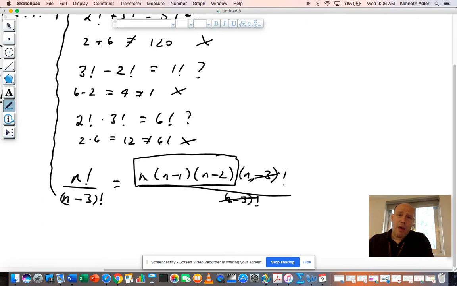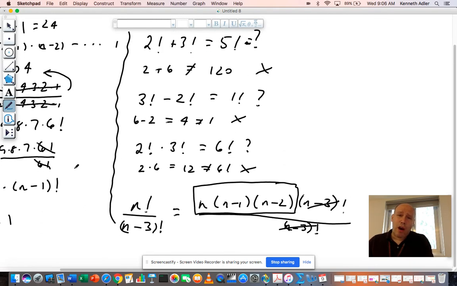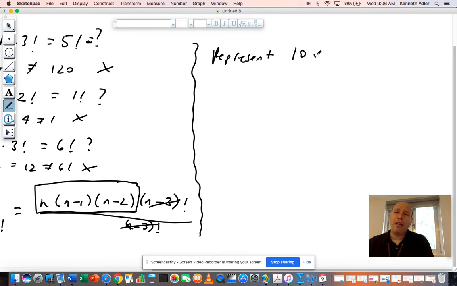Another thing the book might do is ask you where fractions came from. And I kind of like this. They say, how do you represent 10 times 11 times 12 as a ratio of factorials?